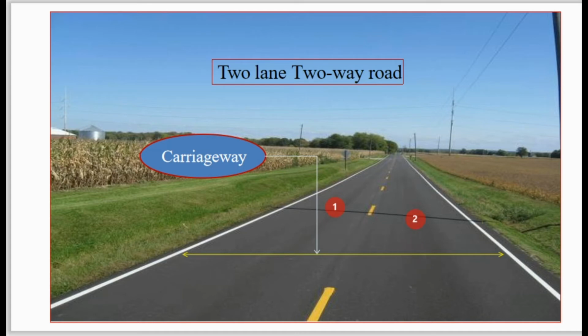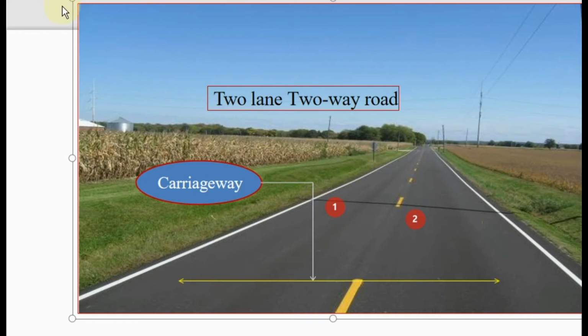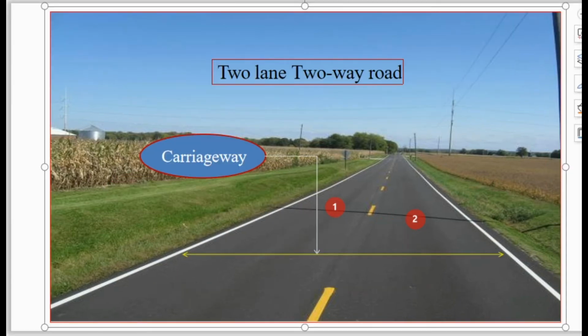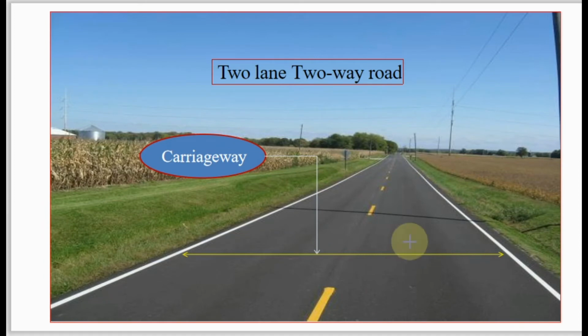These two lanes allow the vehicles to move in two different directions. So, two lane, two-way road.